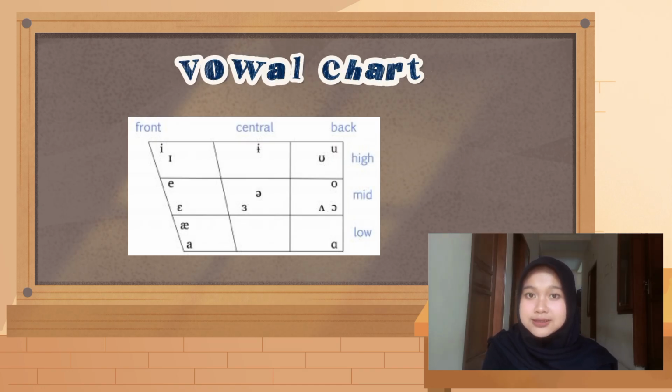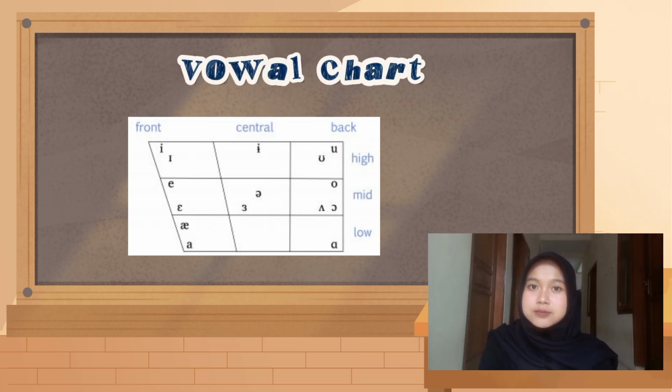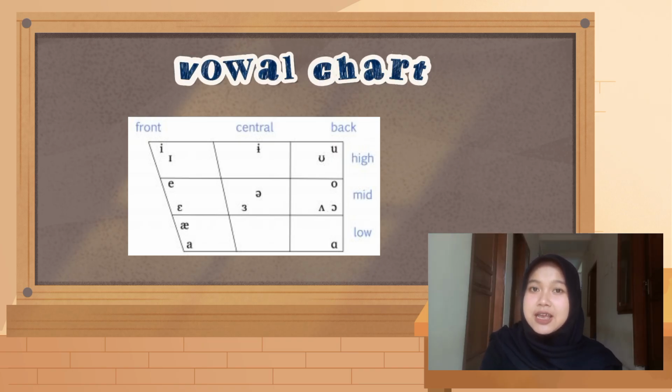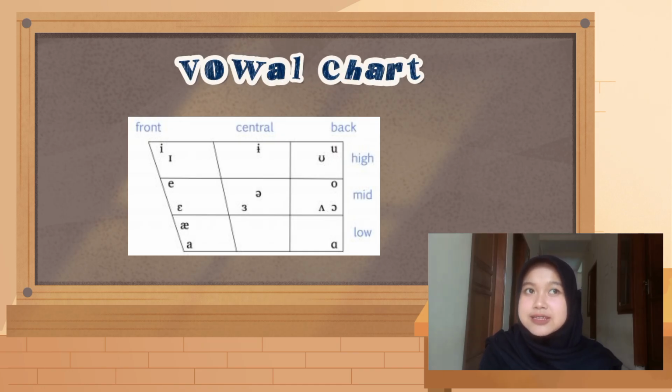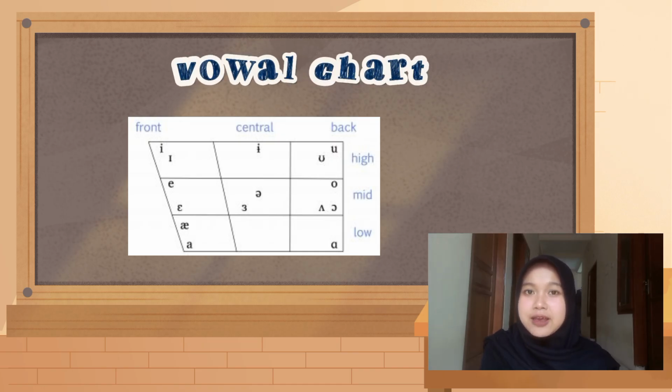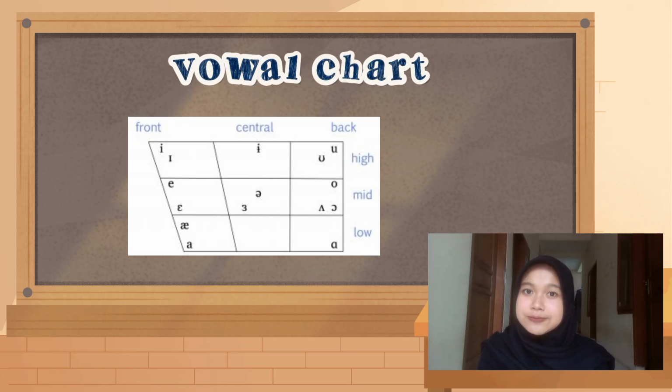Central vowels are produced when the tongue is in the middle of the mouth. For the last, back vowels are produced when the tongue is at the back of the mouth. For example, O in go and U in U.